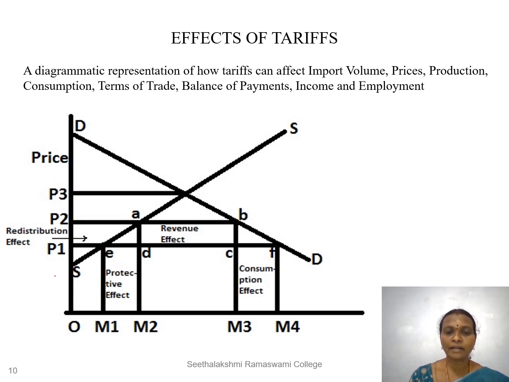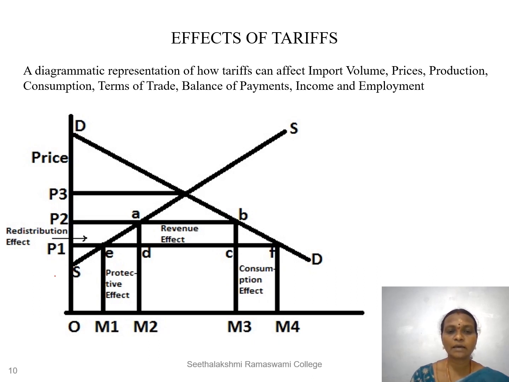The demand of the consumer has been reduced from OM4 to OM3. So there is a reduction in the goods the consumer consumes, that is M3M4. This area is called the consumption effect.